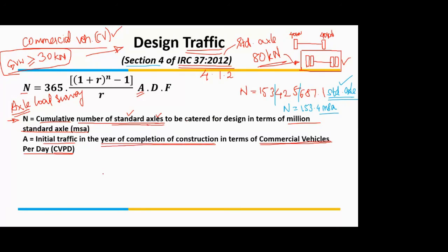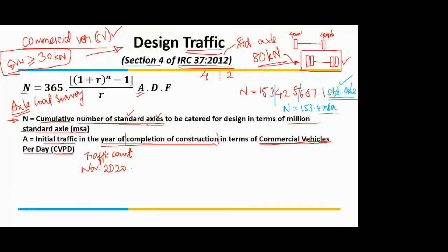Now obviously, suppose it's November 2020, and you have an existing road, and you have to widen it. So I'll do the traffic count, suppose in November, but I need the traffic count when the construction is complete.